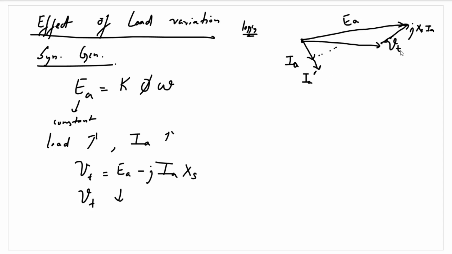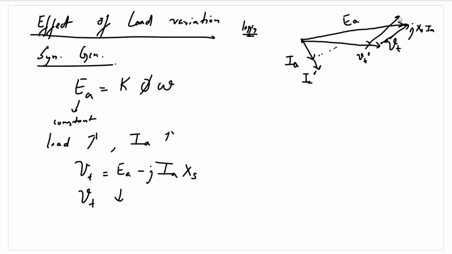We'll not be drawing VT, we'll actually be deriving it. We know that with increased load, VT will decrease to the terminal voltage VT dash. That means now j times XS IA will be somewhere here.